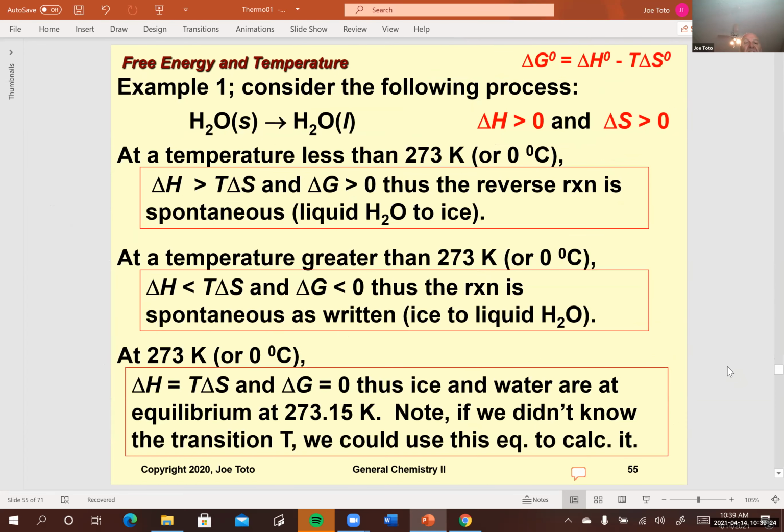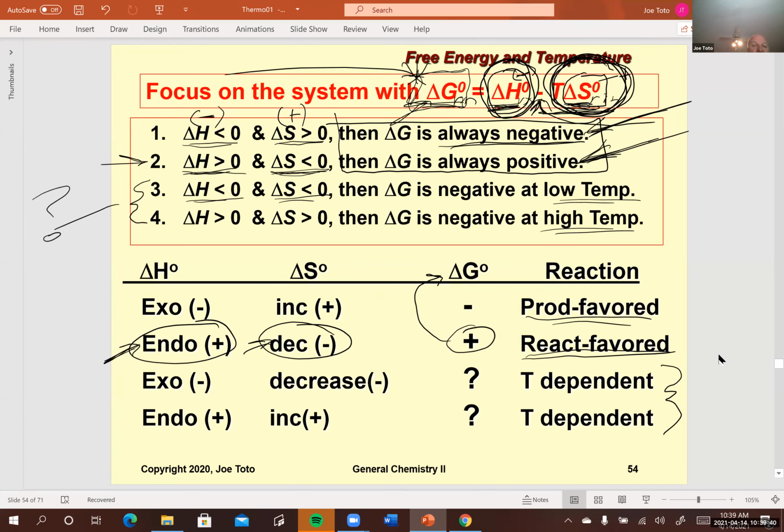Okay. And so how does this apply to something as simple as the melting of ice in this case, which is one of those situations back here that is temperature dependent? And in fact, when the signs of delta H and delta S are the same, it's temperature dependent. Check it out.